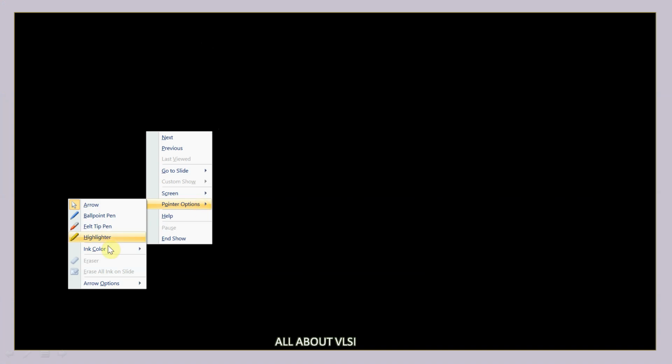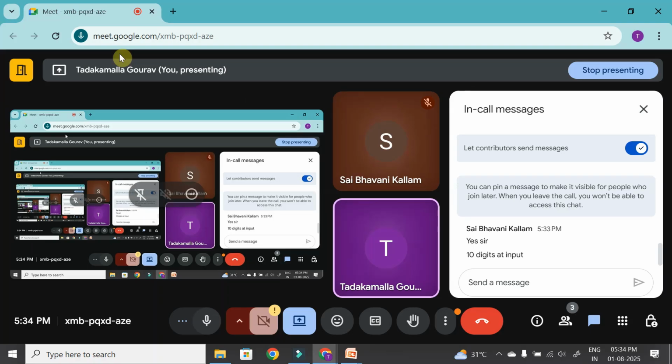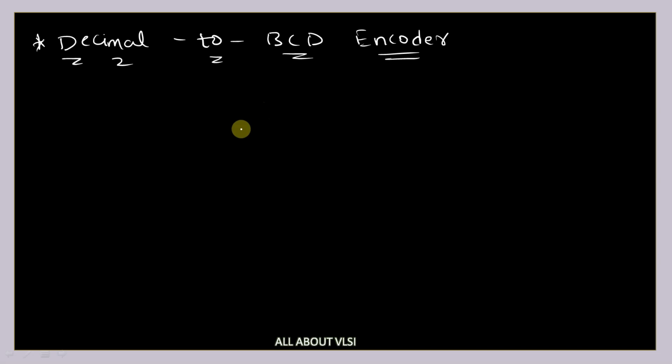And coming to the last encoder, we have decimal to BCD encoder. Now, what do you mean by this decimal to BCD encoder? What do you think? How many digits we will have at the input, and how many outputs we will have at the output? 10 digits at the input, and how many lines at the output?